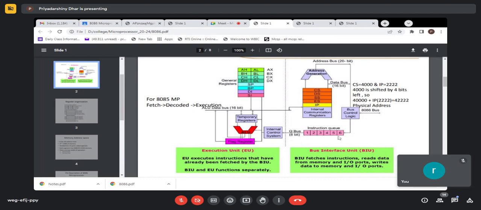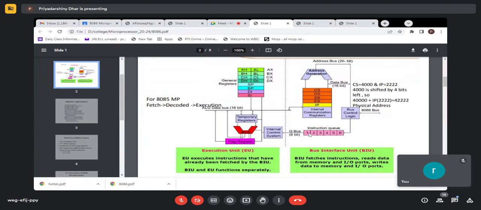So this is first in, first out. First in, first out means when the bus interface unit fetches an instruction, suppose it first fetches the opcode from the memory, and this opcode first enters the instruction queue.